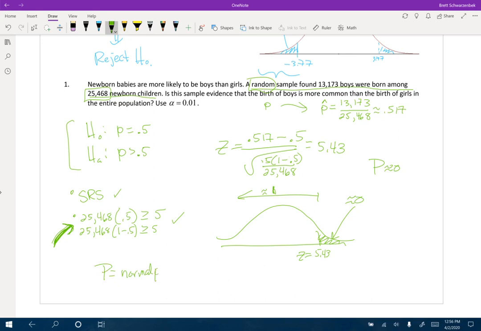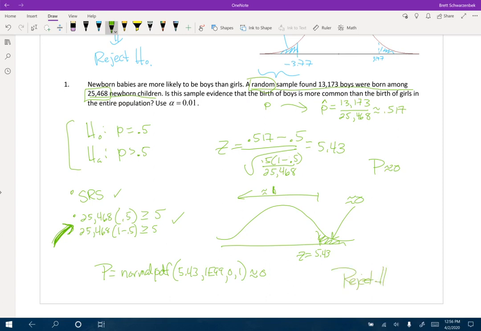You don't do 2 times because there's no 2 tails. Of 5.43, 1E99. Okay, you'll get a scientific notation value, and it'll be approximately 0, which means clearly we're going to reject H naught here.